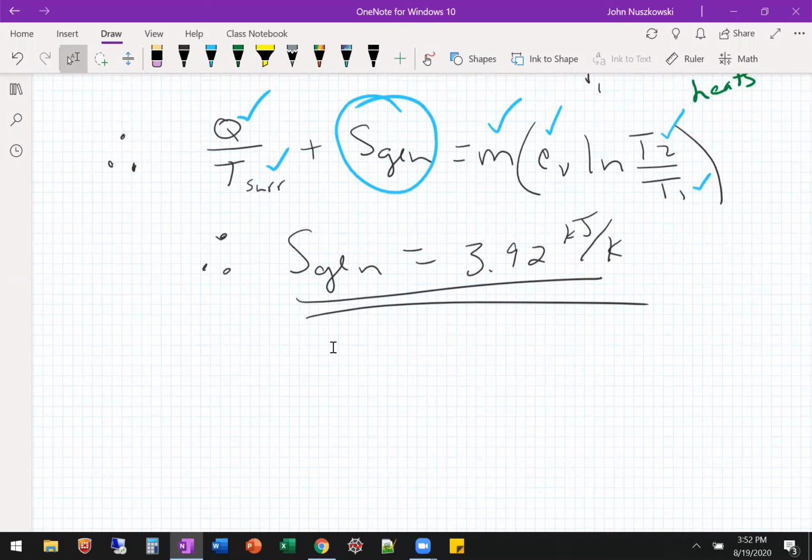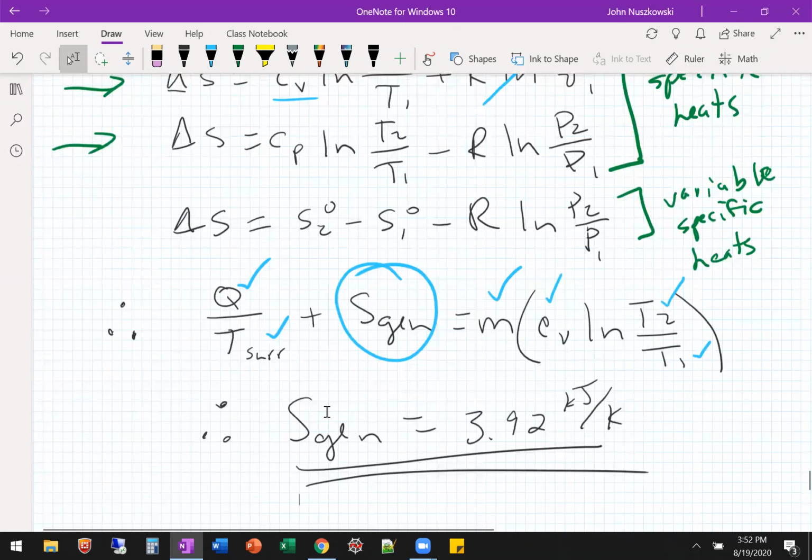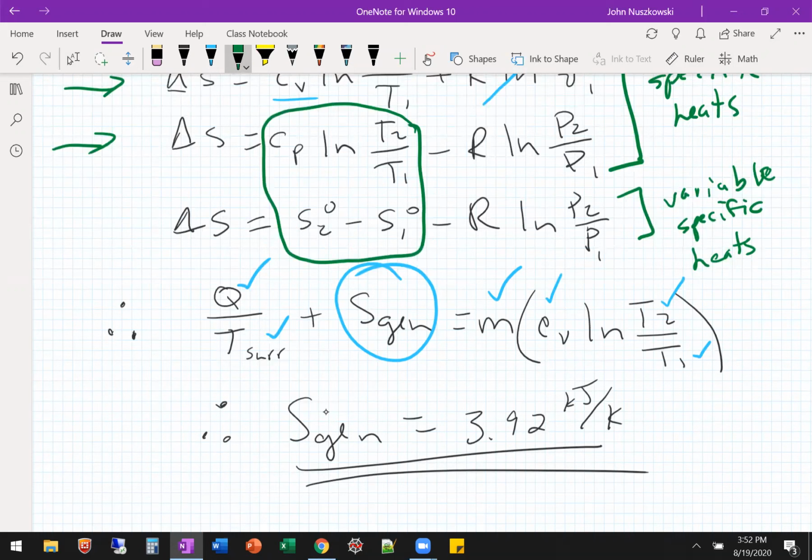Could we have used the S naught? So you can see how it relates, the variable specific heat just replaces that CP natural log T2 over T1, makes it more accurate. So you can use the S naught from the tables for CO2, but you got to be careful. The tables for CO2 are in kilojoules per kilomole. So everything except for air has kilojoules per kilomole.